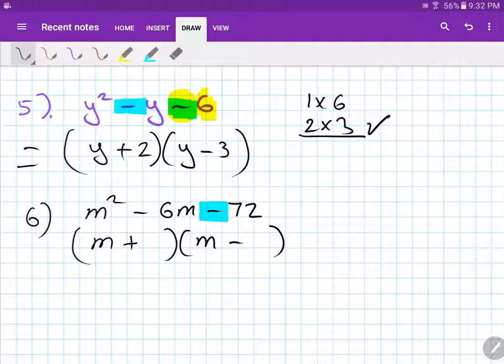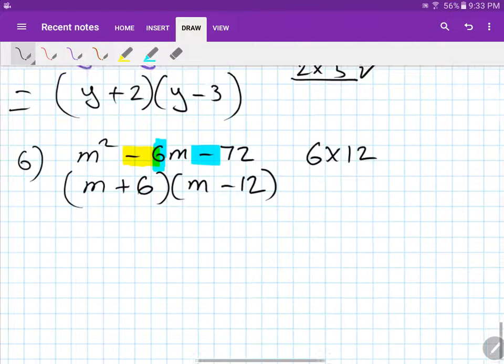Then what times what gives me 72, and the difference is 6? If you're not familiar, list all the factors out. 6 times 12 gives me 72, and the difference is 6. Because it's negative, the bigger number goes on the negative side. So 12 and 6.